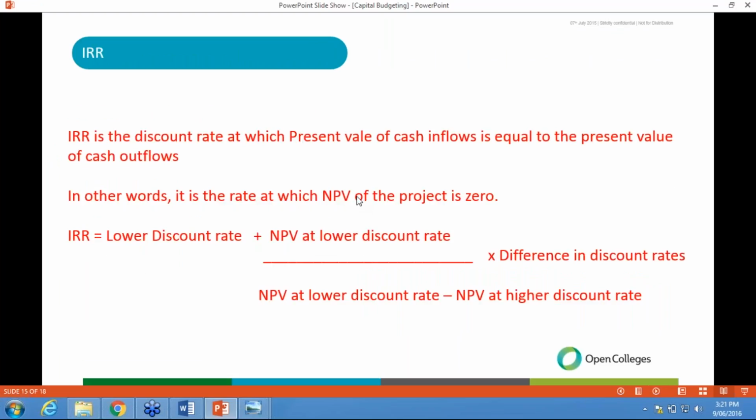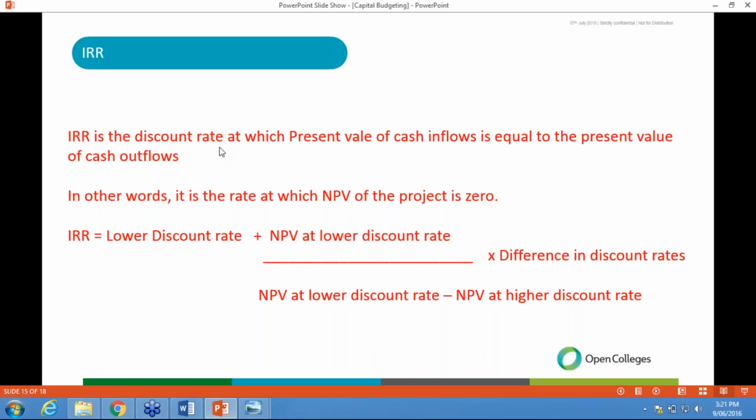So IRR basically means internal rate of return. Internal rate of return means a rate, a discount rate, you can say, where present value of cash inflow is equal to present value of cash outflow. So in this question, you need to find such a discount rate at which we will have the break-even point. Break-even point means no profit, no loss.